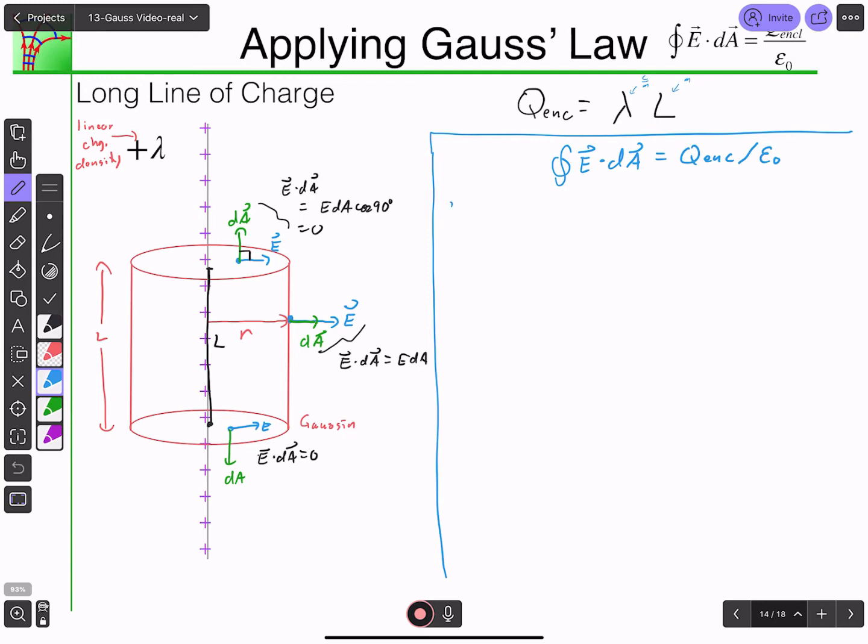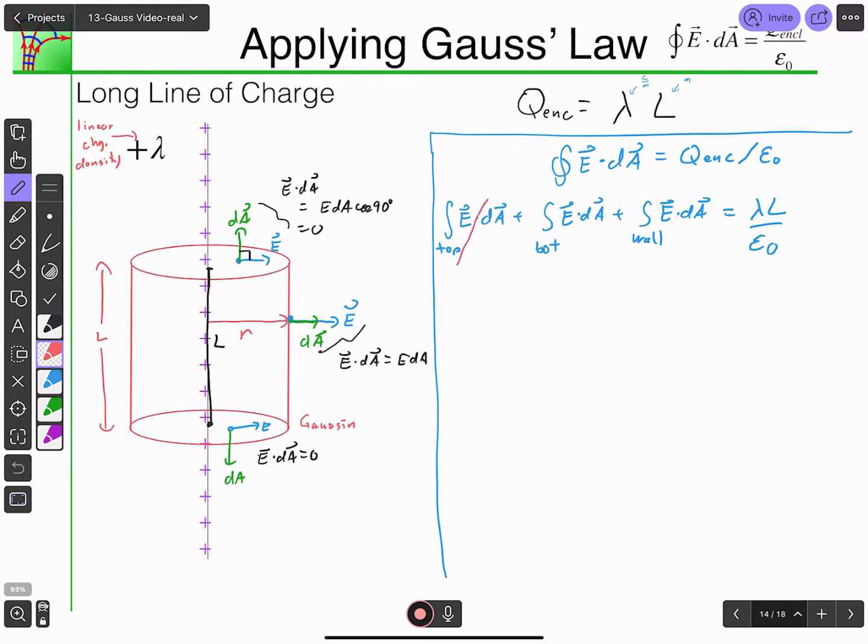So I take the integral of E dot dA for the top circle, plus the integral of E dot dA for the bottom, plus the integral of E dot dA for the wall, and that's equal to Q enclosed, which is lambda L over epsilon naught.